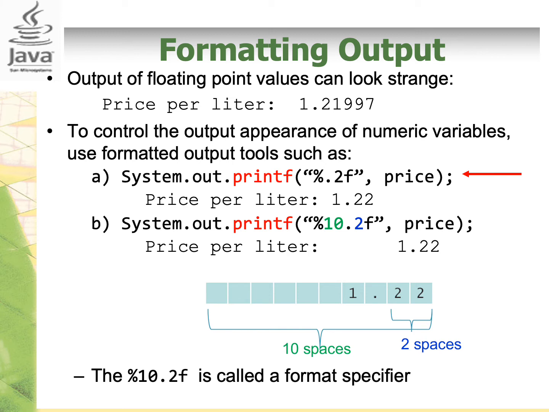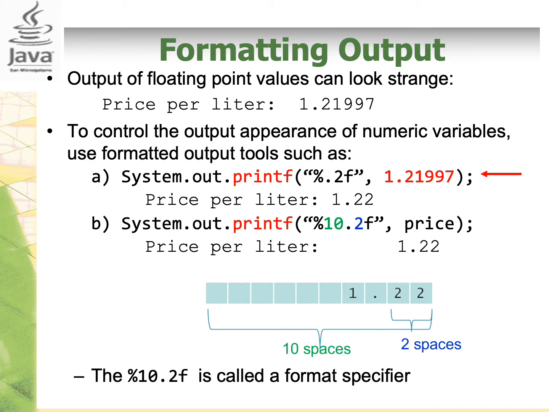F here refers to a float number. We will see the different specifiers in the next slide. In printf, we need to write the format, which is %.2f, for example, a comma, and then follow it with the value itself, such as the price.